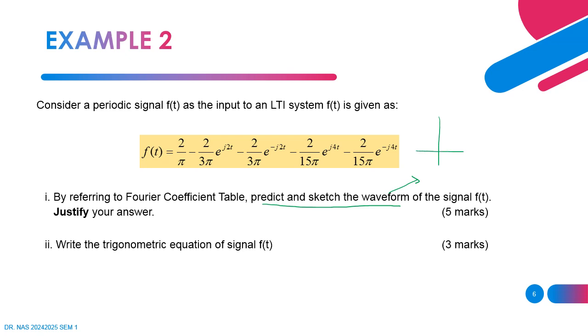The signal must have a shape, depending on whatever shape it is, and it is in time domain. Then you need to justify your answer, by showing your calculation, your consideration, and stating your assumptions clearly in your solution.